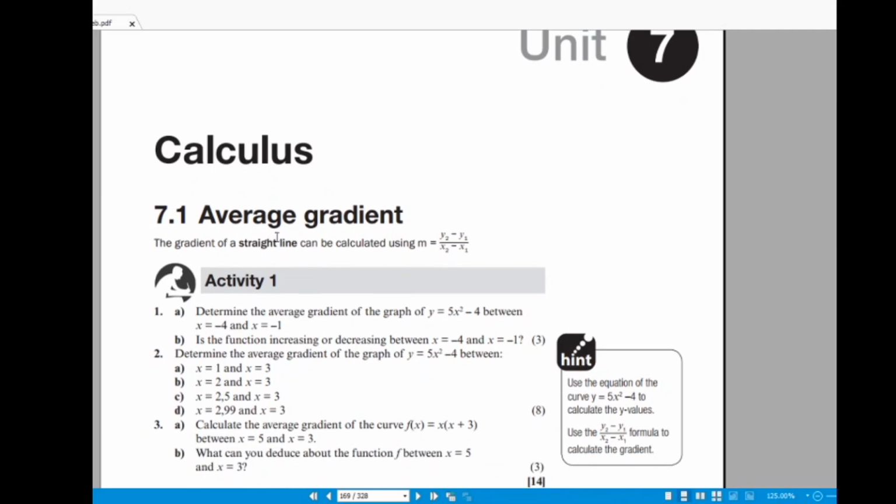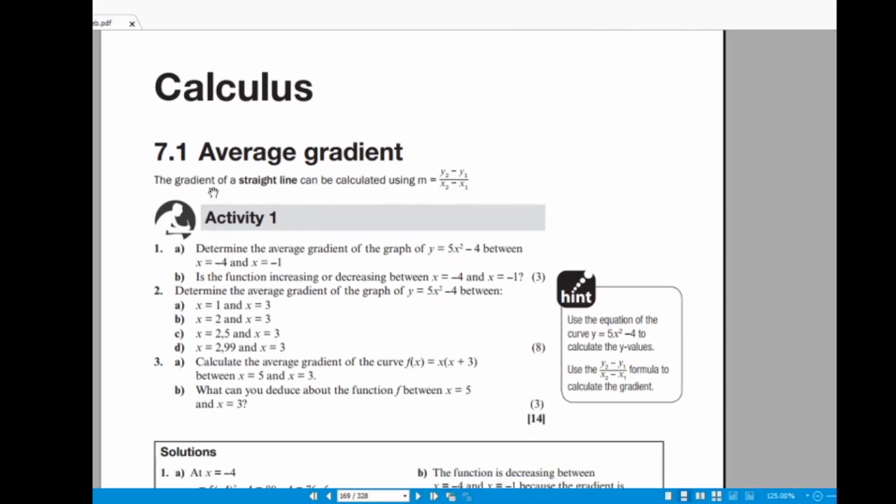This section in calculus starts off by talking about the average gradient. I'm sure by now we all know what the gradient is and how to calculate it. It's the change in the y values divided by the change in the x values, so we have y2 minus y1 over x2 minus x1.